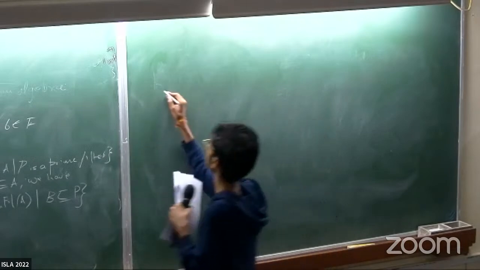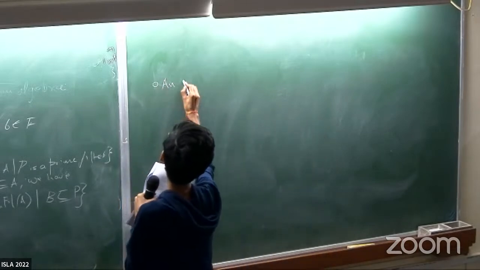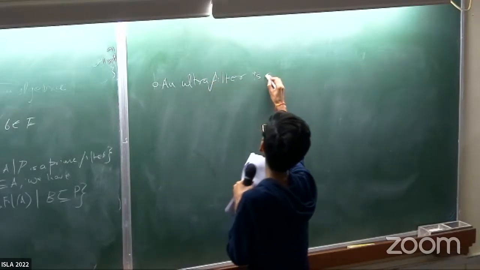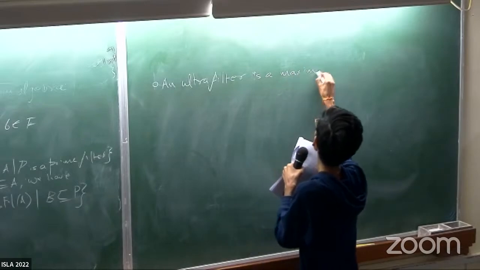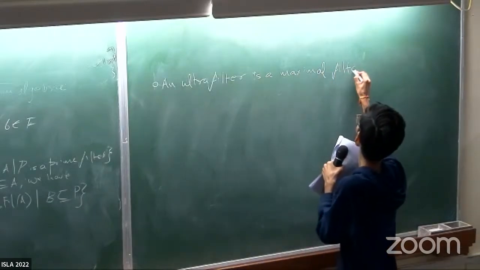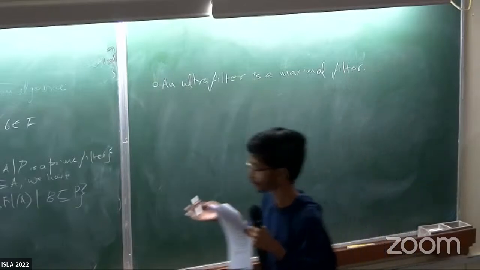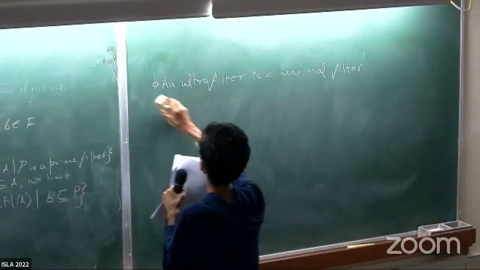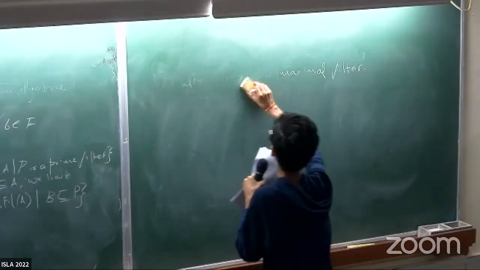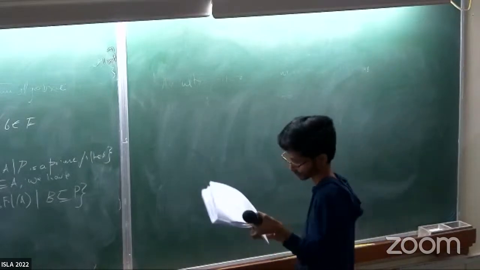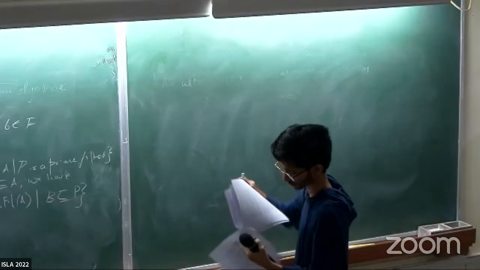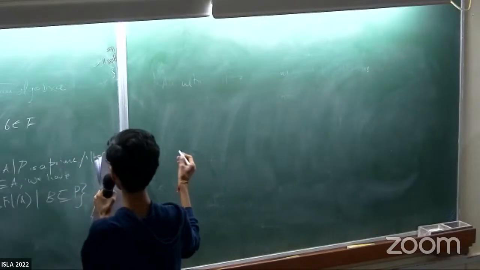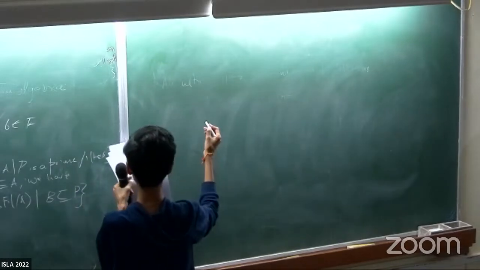Finally, an ultrafilter is, as was already defined, a maximal filter. Being maximal means that it's a proper filter. Furthermore, any filter that contains it will end up being the entire thing. So there's no proper filter that contains it. And furthermore, in case of Boolean algebras, we have this nicer result, this correspondence between ultrafilters and prime filters.